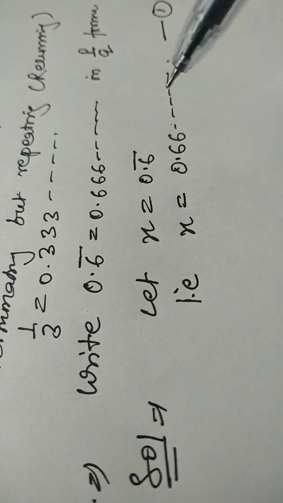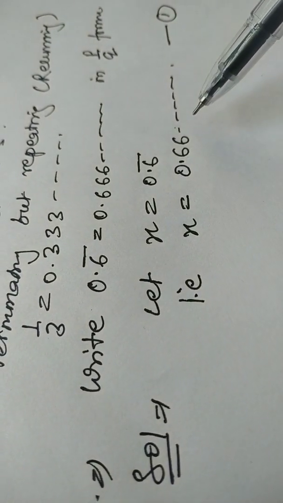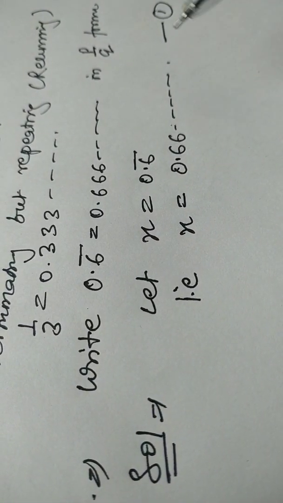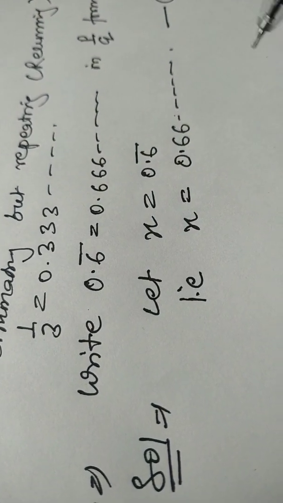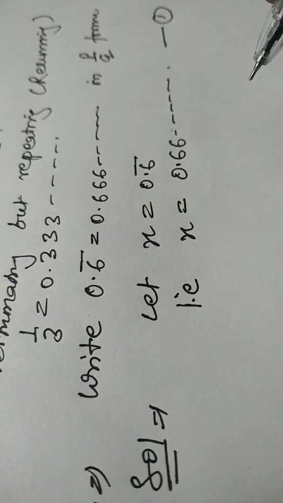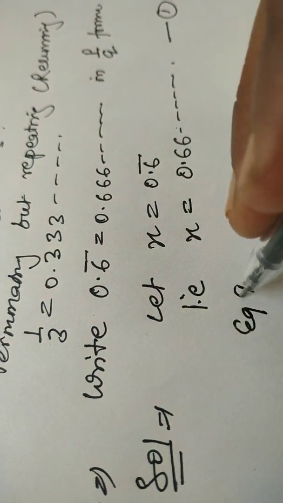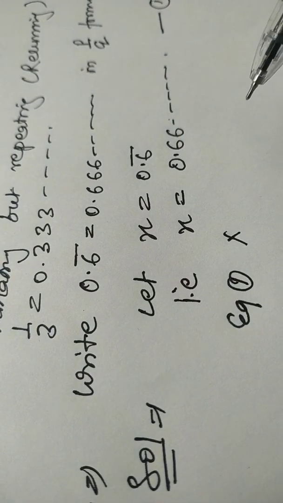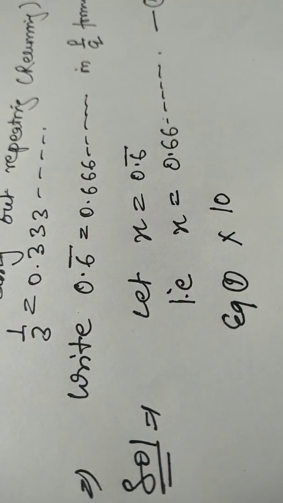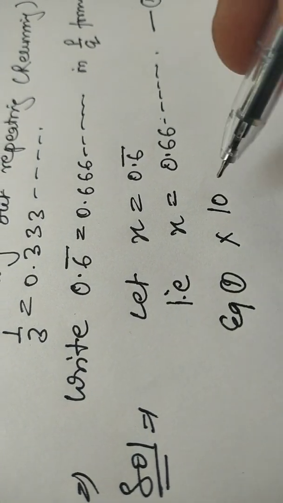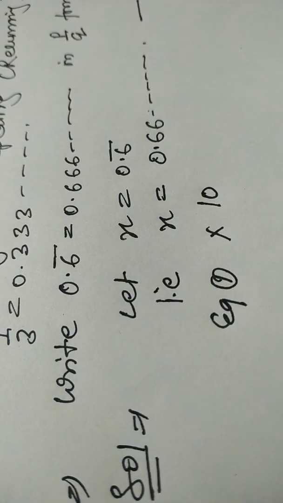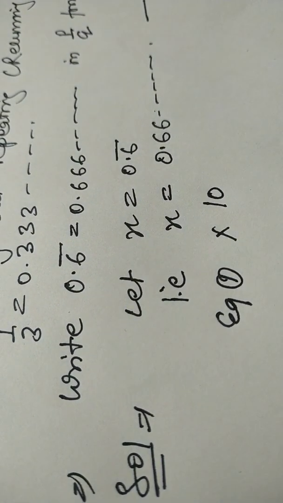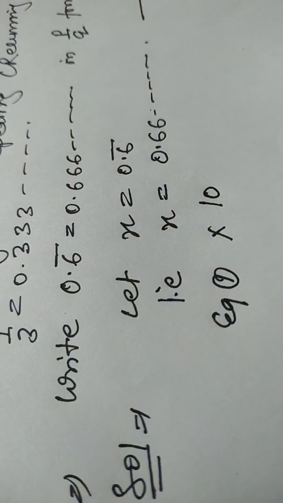See students, if only one digit is repeating, here the 6 is repeating, then we have to multiply equation 1 by 10. If 2 digits are repeating, then we can multiply by 100. If 3 digits are repeating, then we can multiply by 1000, and so on.